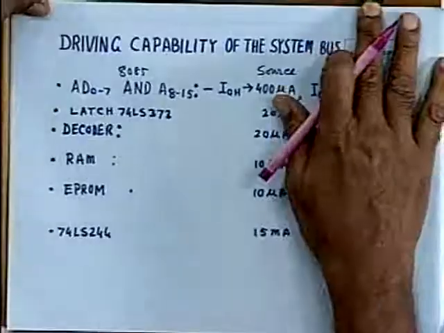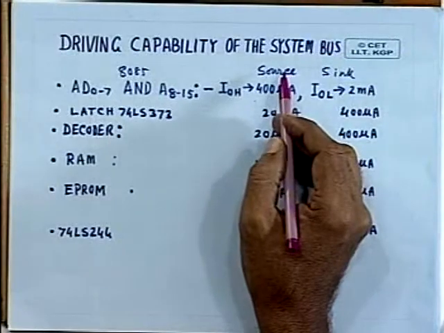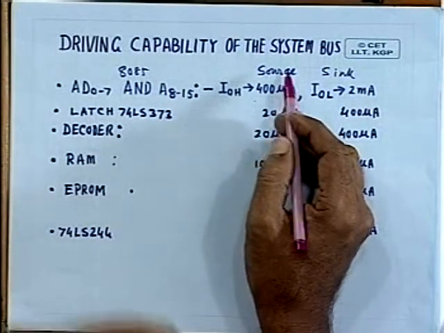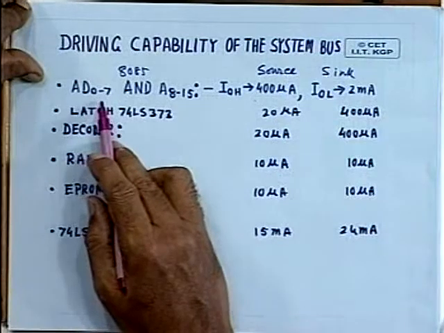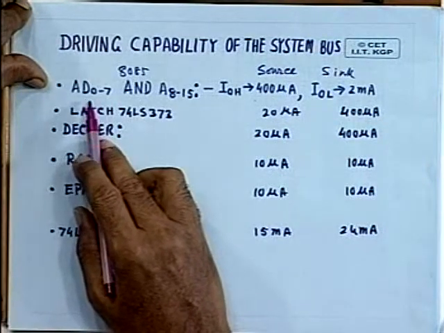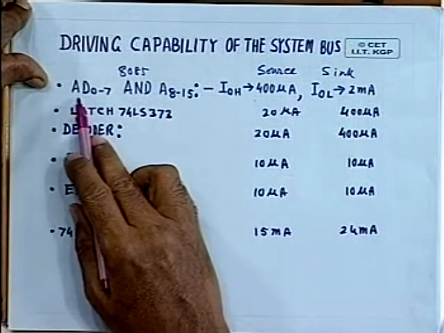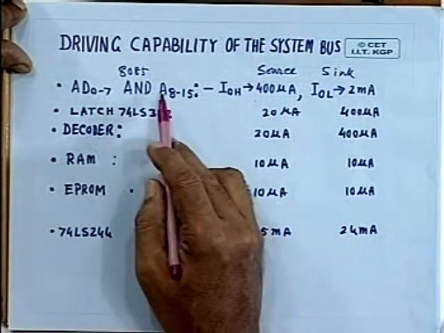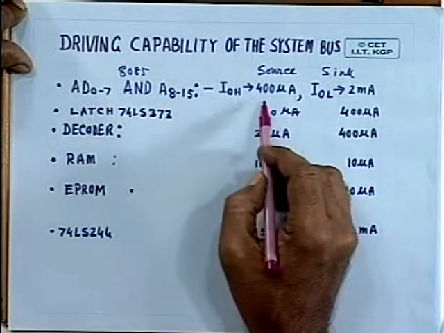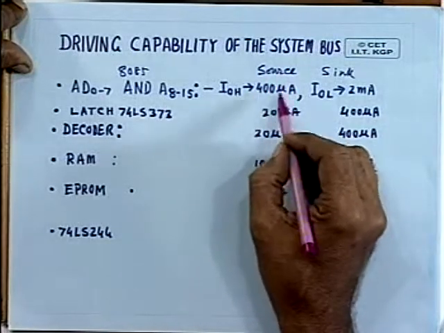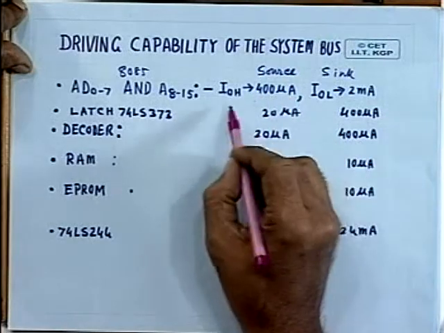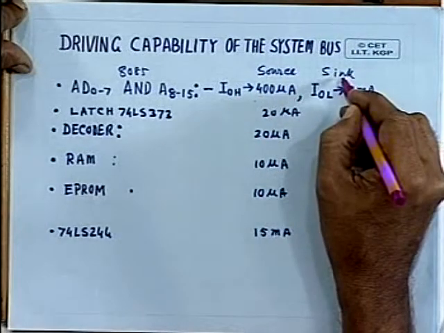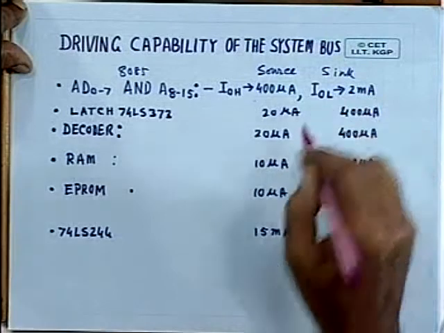However, at this point you should look at another important aspect. The other important aspect is the driving capability of the system bus. Driving capability of the system bus has to be considered because you have to drive a number of devices, and the AD0 to 7 and A8 to 15 address lines have a source current capability of 400 microampere when the output is 1, and a sink current capability of 2 milliampere when the output is low.